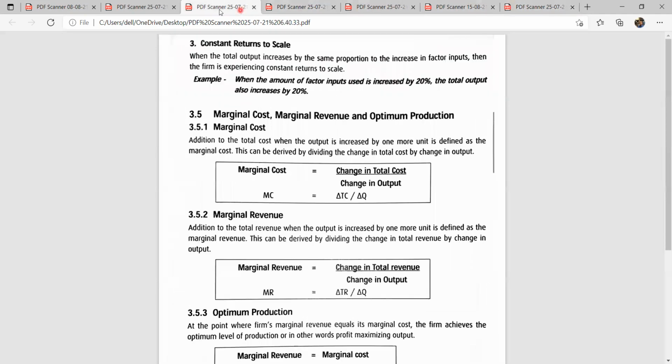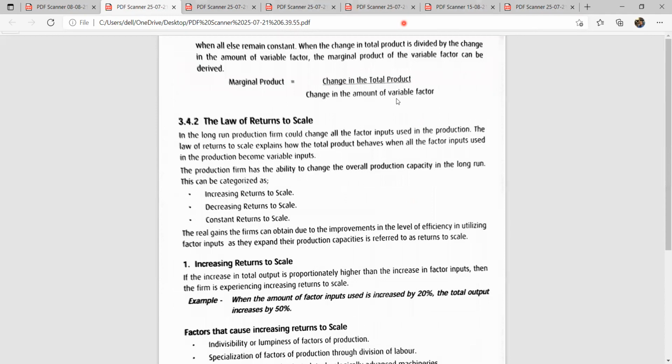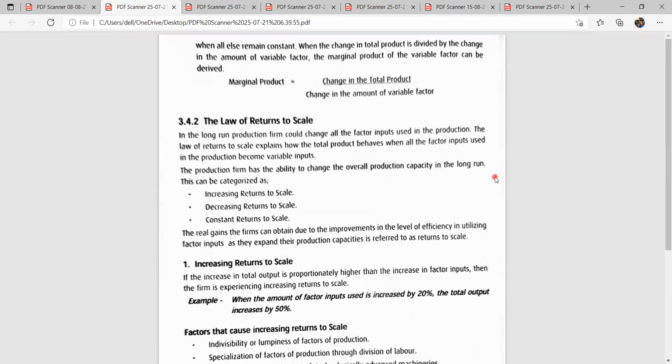So it says further here, when all else remains constant, when the change in total product is divided by the change in the amount of variable factor, the marginal product of the variable factor can be derived: change in total product over change in variable factor.